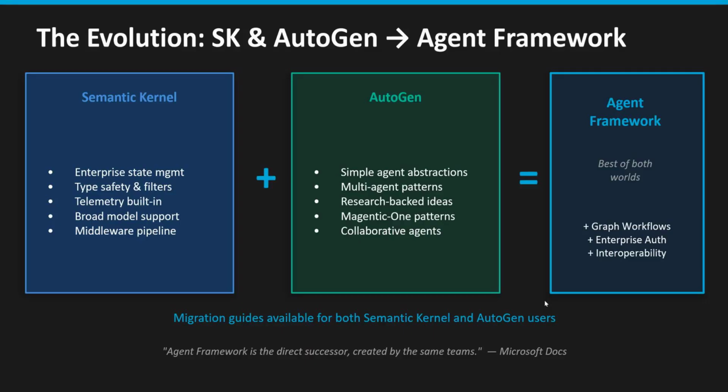The Microsoft Agent Framework is basically the best of both worlds merged together. It comes from the same teams, combines the strengths of both, and then adds even more on top, like graph-based workflows, better interoperability standards, and much cleaner enterprise controls.